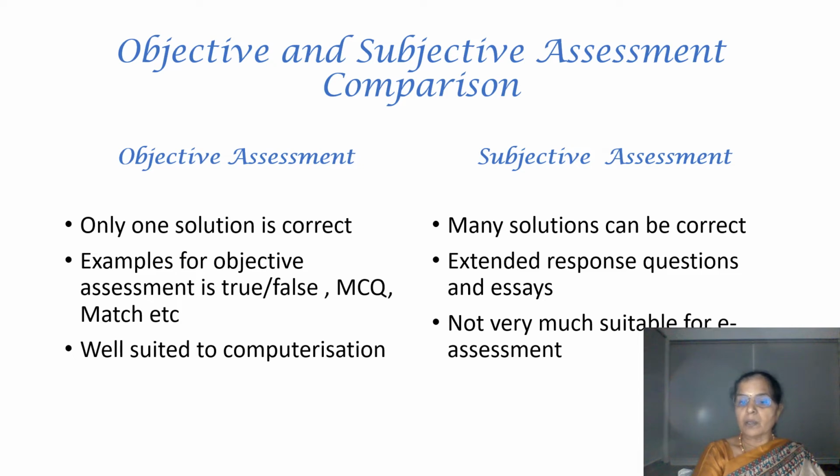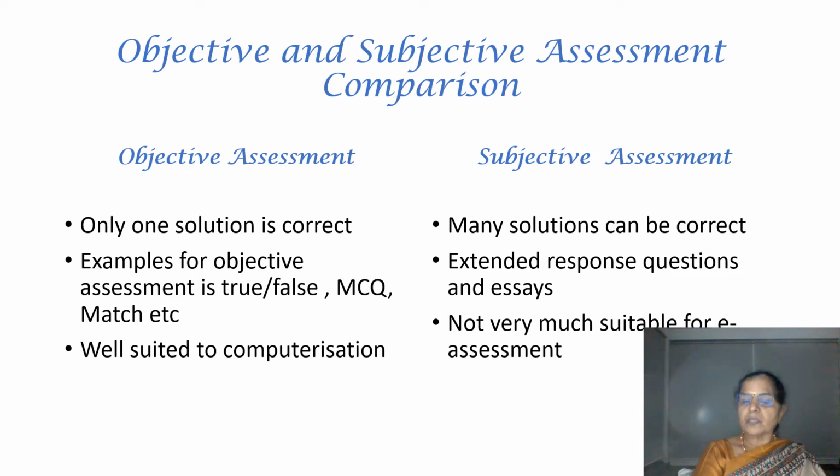That is why they are called objective type of questions: true or false, MCQs, multiple choice questions, where only one answer is correct, and match the following. So these are objective type of assessment so that any teacher, anybody who corrects it will arrive at the same marks. On the other hand, in subjective assessment, for each answer many solutions can be correct.